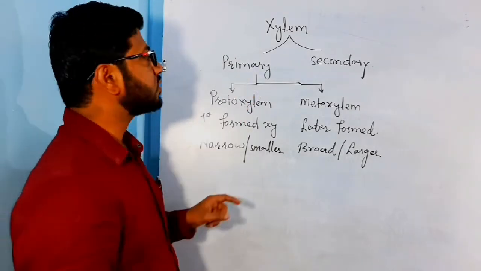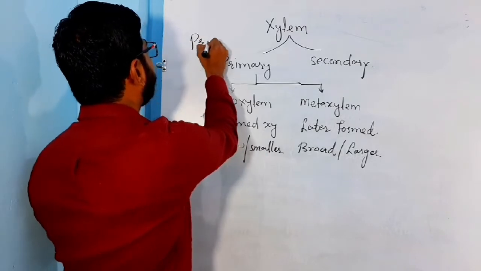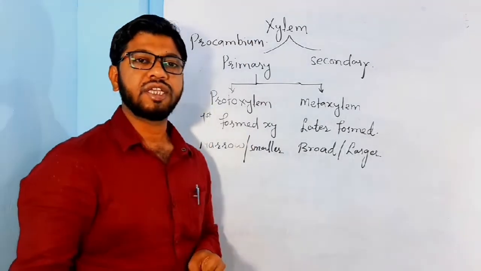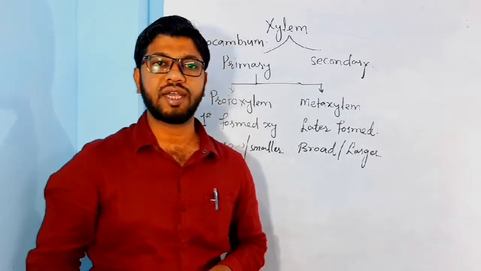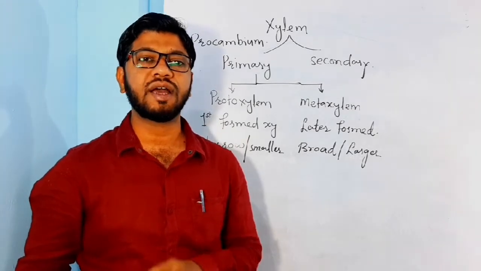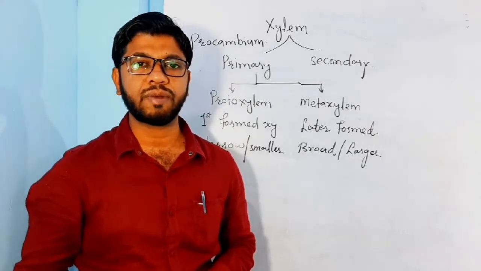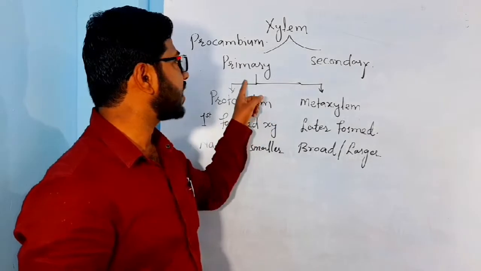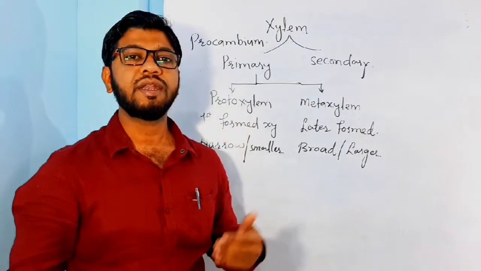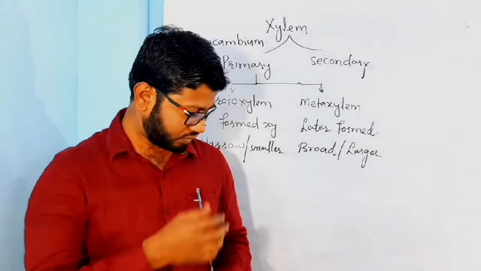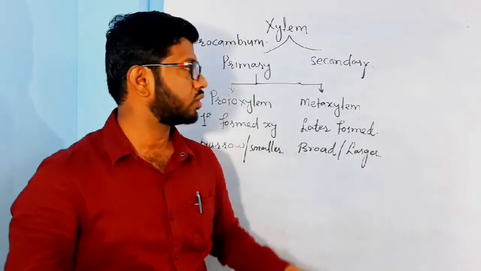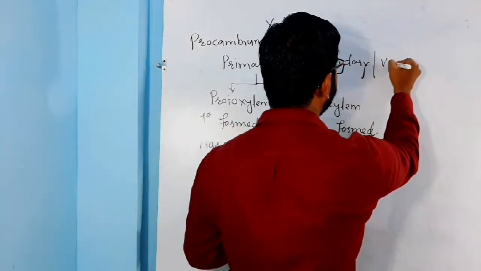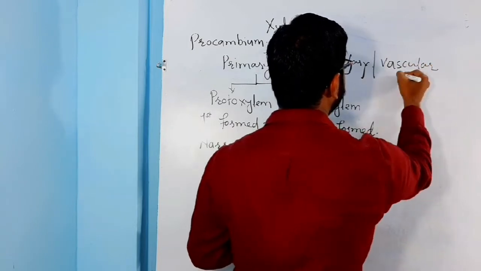Primary xylem is formed from the procambium meristematic cell. This procambium is also called the cambium, which is present in the early stage in the life cycle of the plant, which produces the primary vascular bundle, that is primary xylem as well as primary phloem. In a later stage in the life of the plant, at the time of secondary growth, secondary meristem is produced by the activity of vascular cambium.